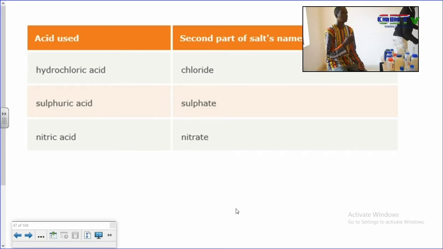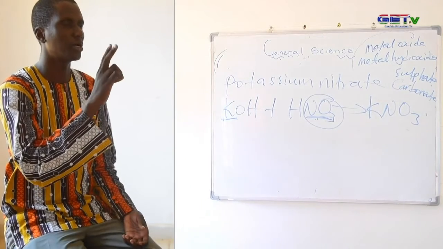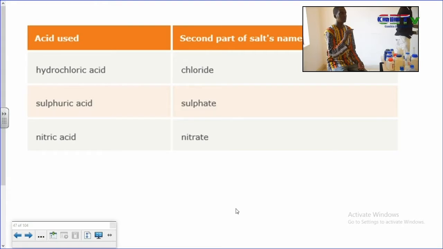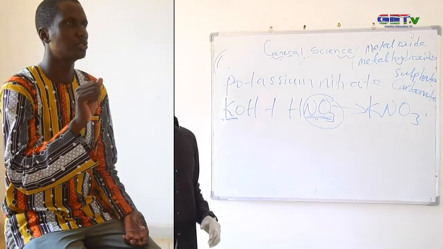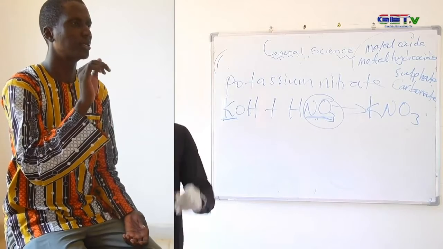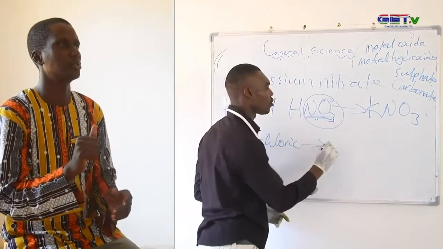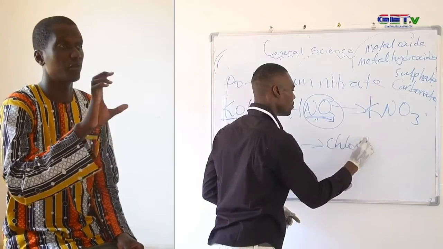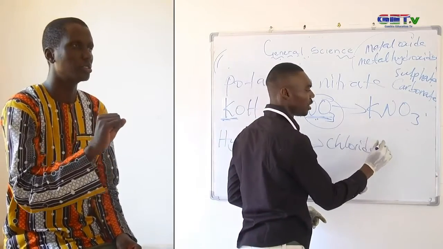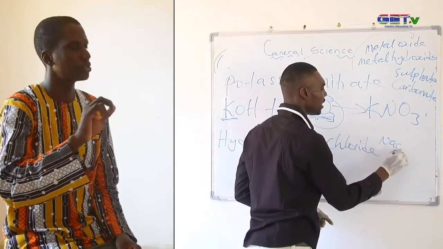So let's look at the table there. These are just showing you a simple way to remember the names of salts. The first column is acids used, the second part of the salt's name. So anytime you use hydrochloric acid as the acid in the formation of the salt, the name should end in what? Chloride. For example, here is sodium chloride, NaCl.